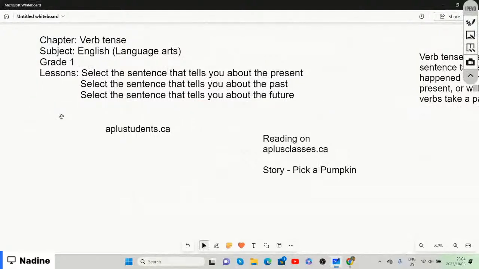The lessons that we will be focusing on today under the chapter of verb tenses are to select the sentence that tells us about the present, select the sentence that tells us about the past, and select the sentence that tells us about the future. So that is going to be our 3 focus lessons under the chapter of verb tenses.